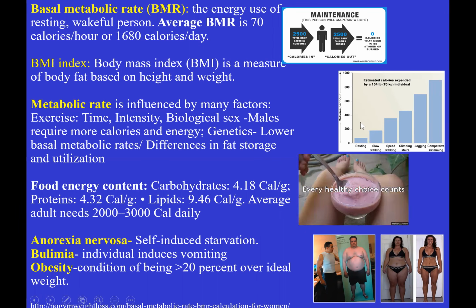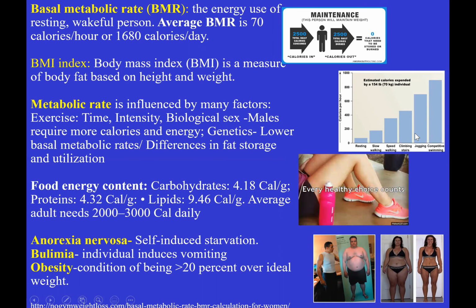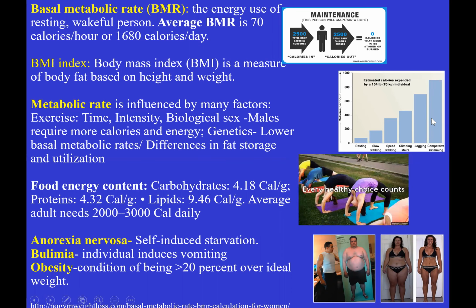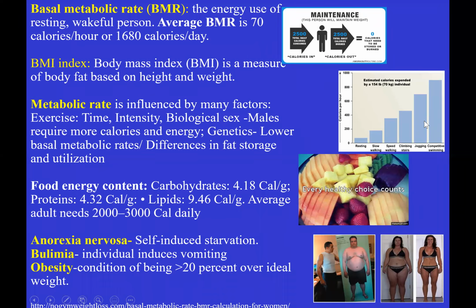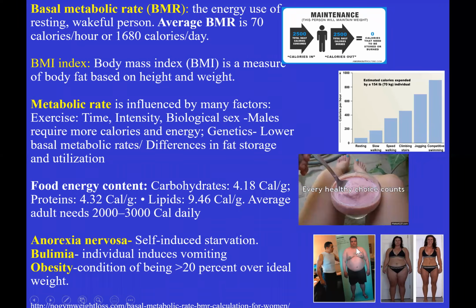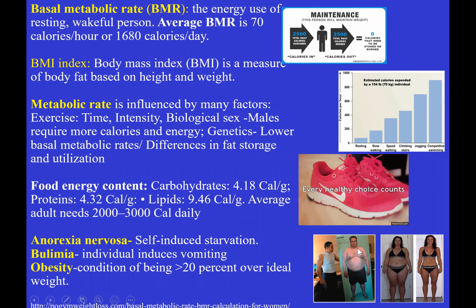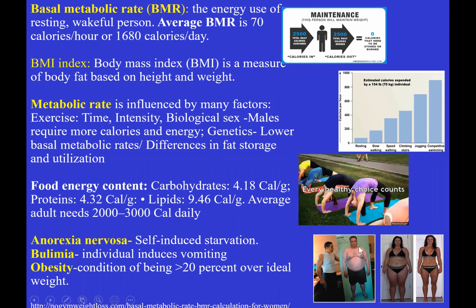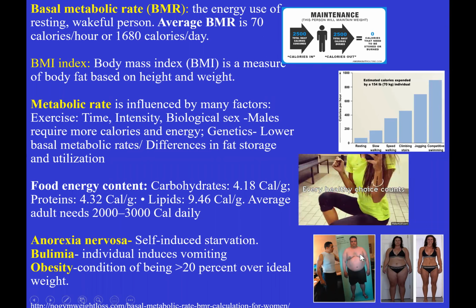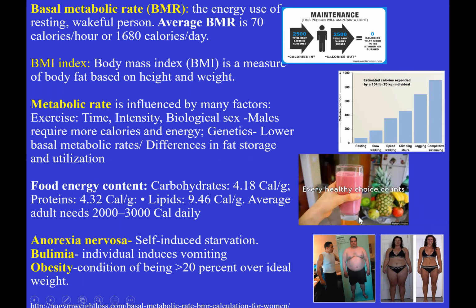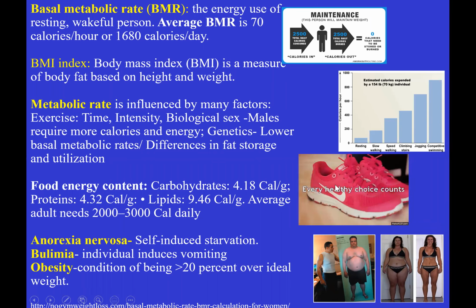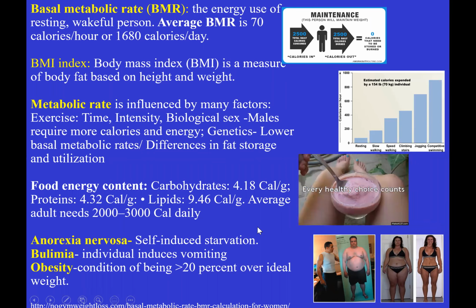So from this table, you can see that jogging, running, swimming, any kind of sports is very good for burning calories. So the problem with obesity is it is connected with cardiovascular disease, diabetes, high cholesterol, and early death. So if you are at your ideal weight, you are more healthy.